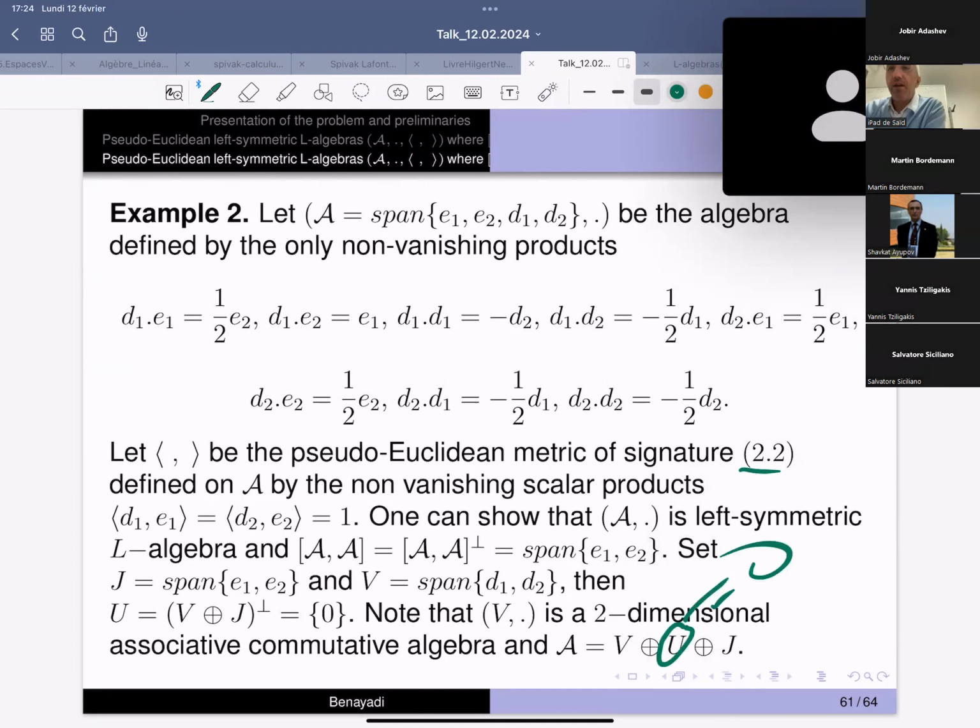Like this, if you consider some Lie algebra, you can try to prove if this example is a double extension or not.